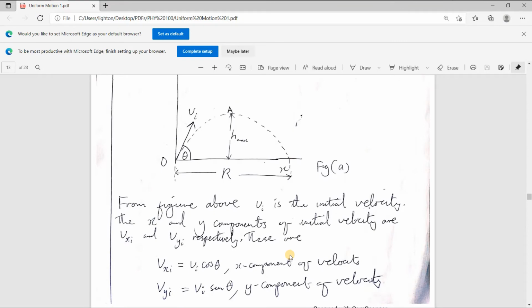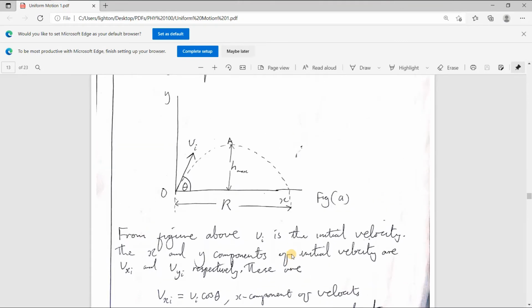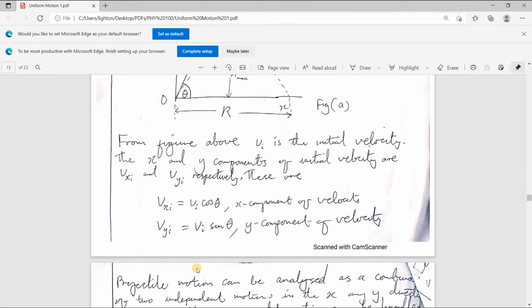So from the figure above, Vi is the initial velocity. The x and y components of initial velocity are Vxi and Vyi respectively. Now these are Vix or Vxi.